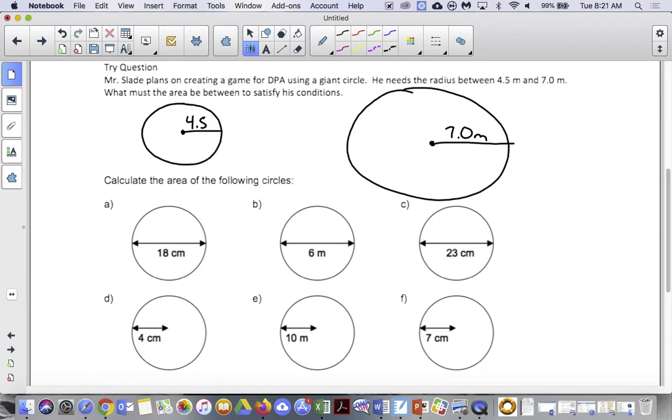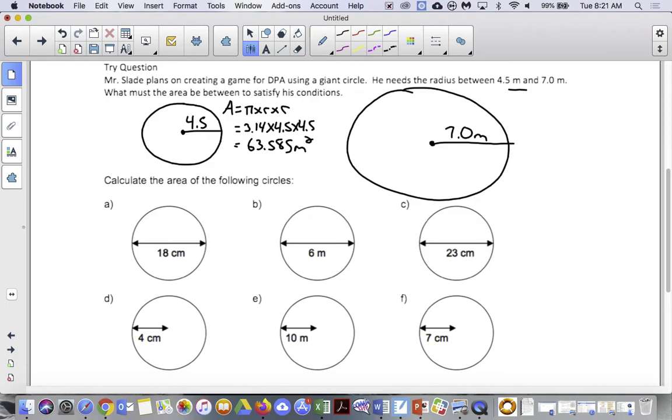So what I have to do is get the area of each. Well, in this one, area equals pi times radius, and we'd get 3.14 times 4.5 times 4.5. And the area of that is 63.585 meters, so meters squared.